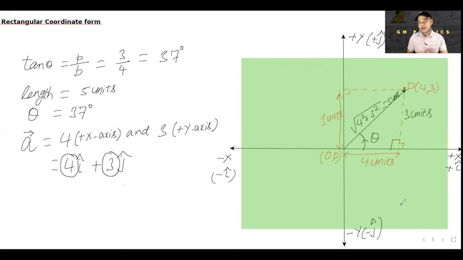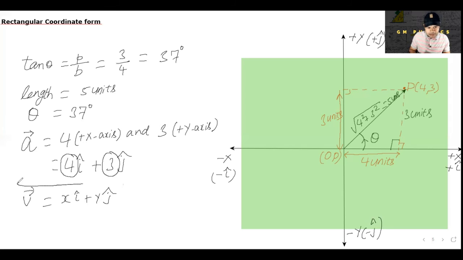In general, we can represent it as x component, y component. It means we can write any vector, V vector, as the component along the x-axis, and I'm writing in general, whatever the value will be, x i cap plus y j cap.